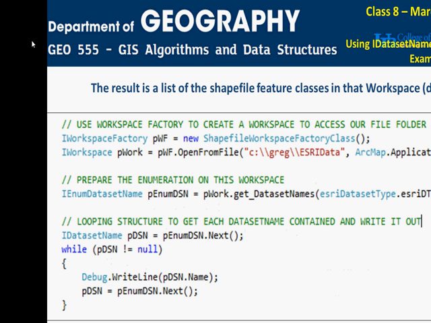So in the example like we did at the end, we already saw this. We're creating a pointer to that workspace, in this case this particular folder. There are shapefiles in the folder. I use the shapefile workspace class, and then I prepare an enumeration on the workspace using enumDatasetName as the interface.